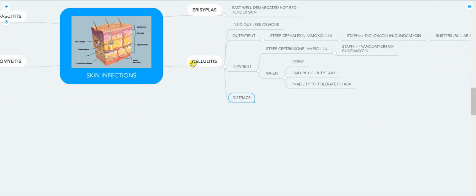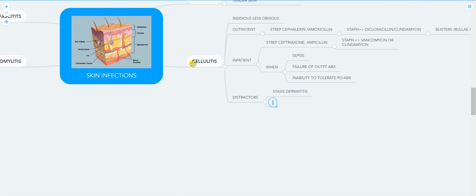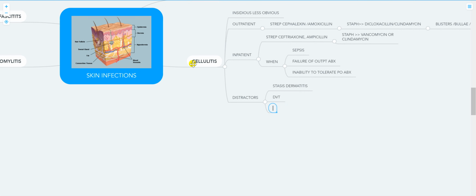For example, stasis dermatitis. I saw a case like that a few days ago. DVT could be thrombophlebitis. These are the distractors. So make sure it's not one of these, because these don't need antibiotics, but these do. Okay, so now this is the regular cellulitis.